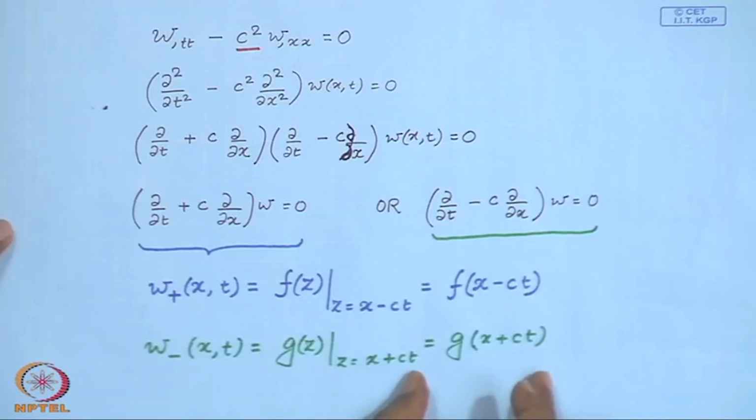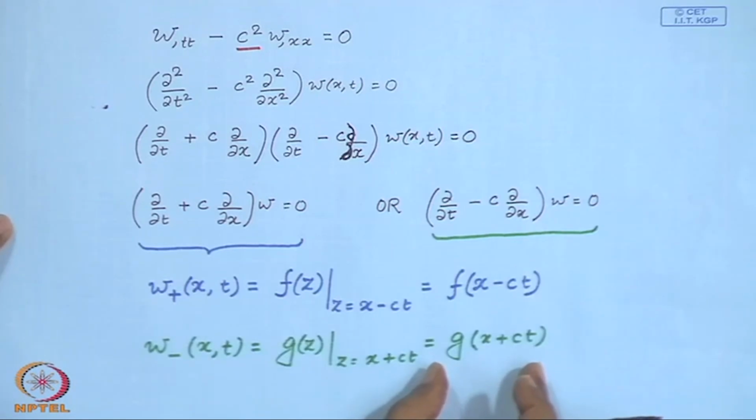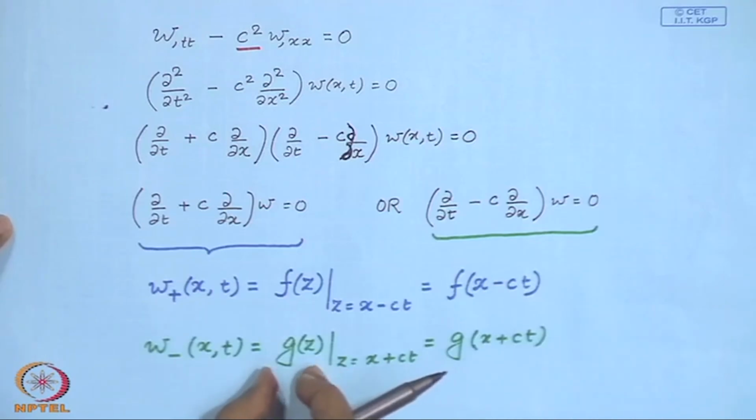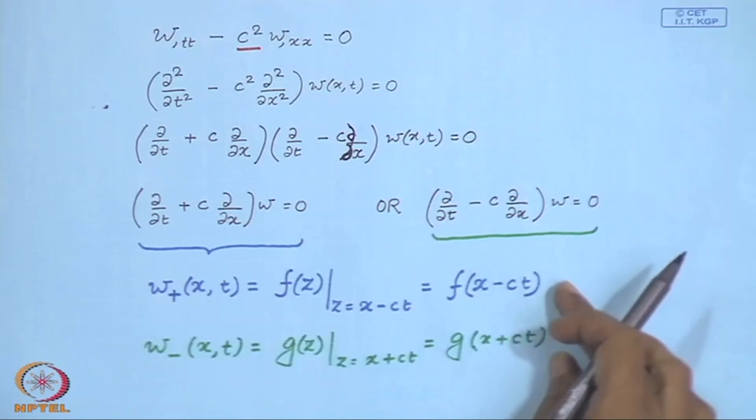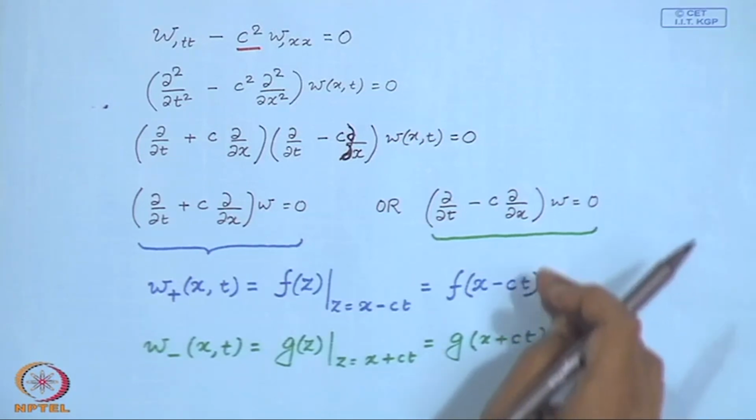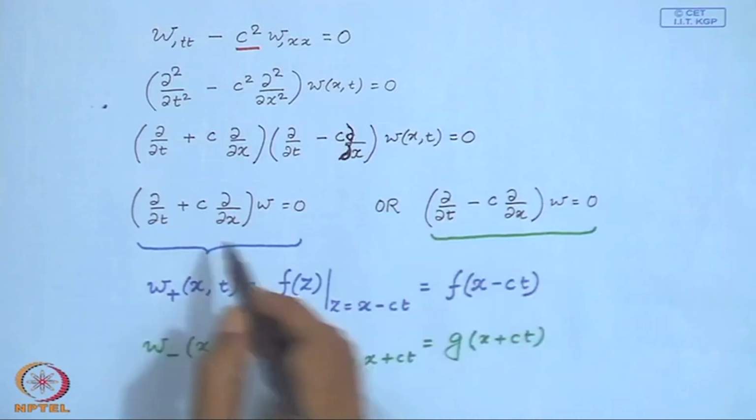So, in this case the function or the wave pulse which is represented by g of z now travels in the negative x direction. So, these are the two solutions of these two differential equations.